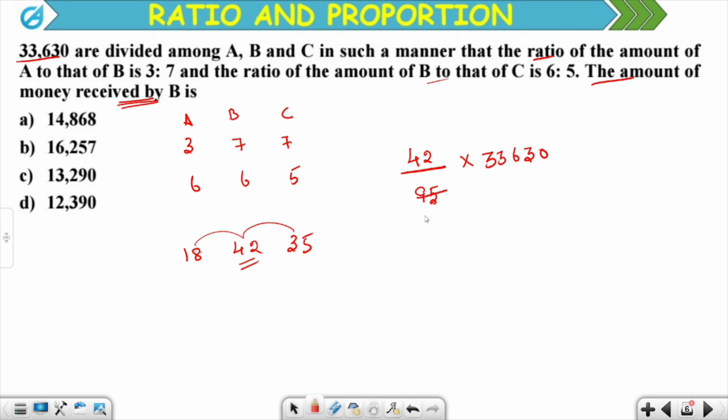So if I cancel by 5 table, it will become 19 times, and here it is like 6, 7, 2, 6. Again if I cancel 19, these are 57. So 19 5s are 95, 76. So 354. So answer will be 42 into 354.